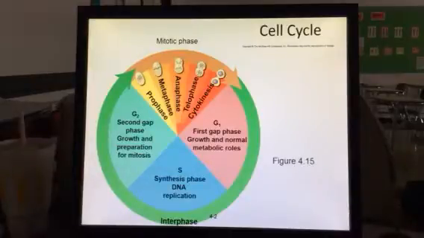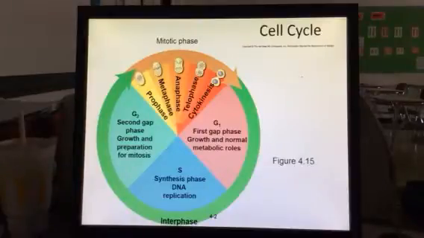Then the next phase is called the synthesis phase, or S phase. This is where something very special happens in the nucleus, and that is called DNA replication. DNA replication is a fancy way of saying that the DNA copies itself. We're going to look at that process in more detail, but this happens somewhere in the middle of the cell cycle. The most important thing that you need to know is that this has to happen before the cell divides, which we're about to get to.